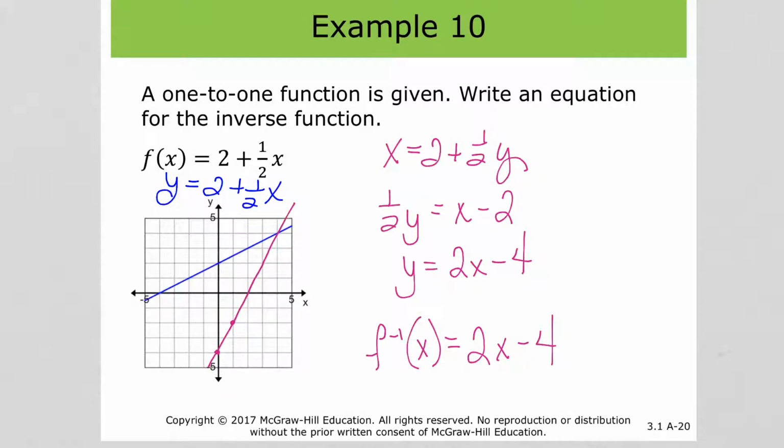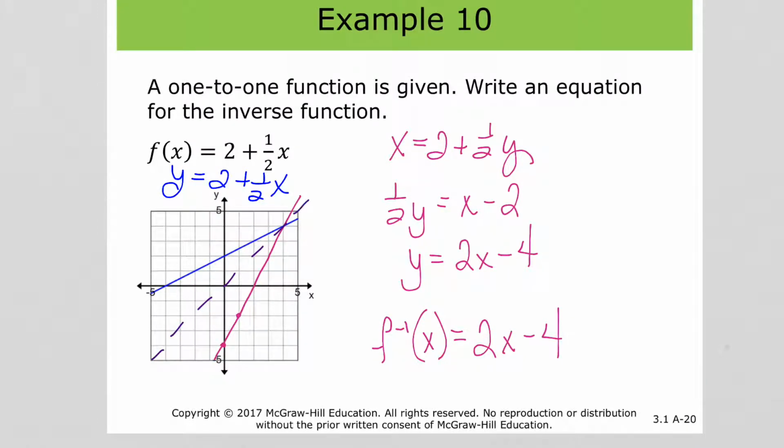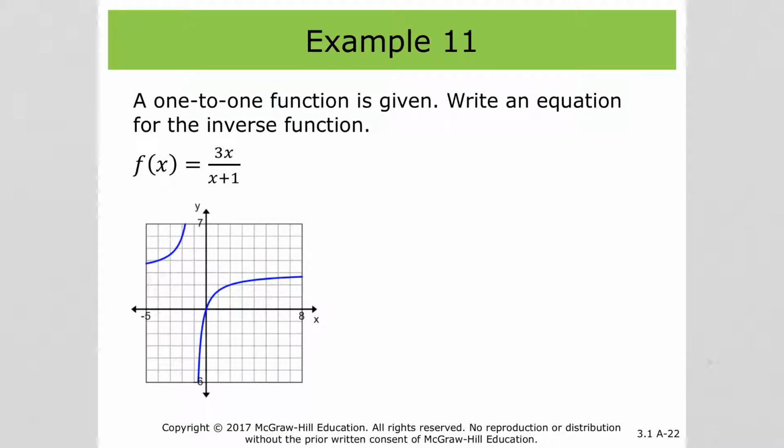There we go. They'll cross right there. That looks a little bit better. Okay, so if we graph the line y equals x, you can see that they do flip along that line. There we go. Okay, so let's look at a few more examples like that.